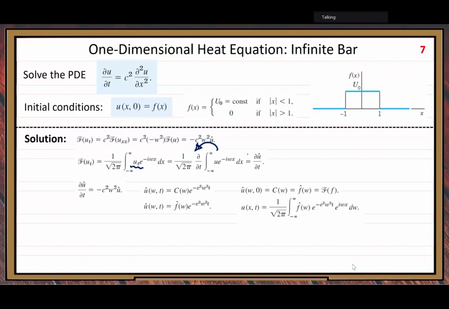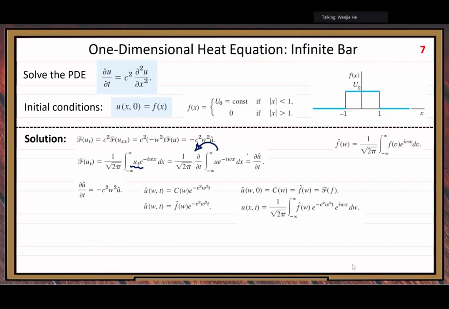So let's apply Euler's formula on this E function. Also, we use the definition of the Fourier transform, because this Fourier transform contains complex components.